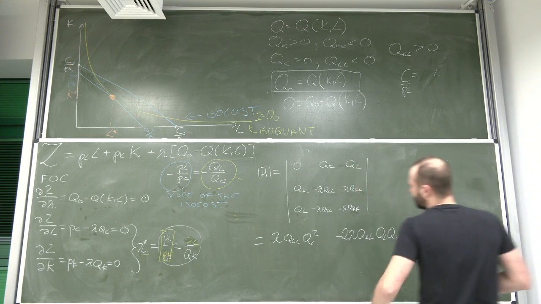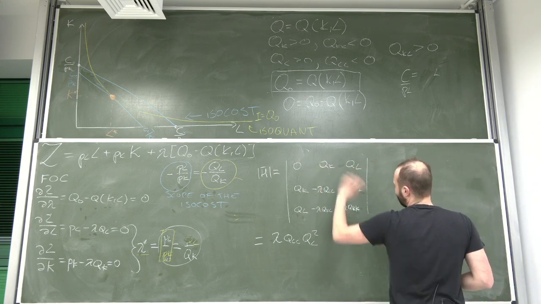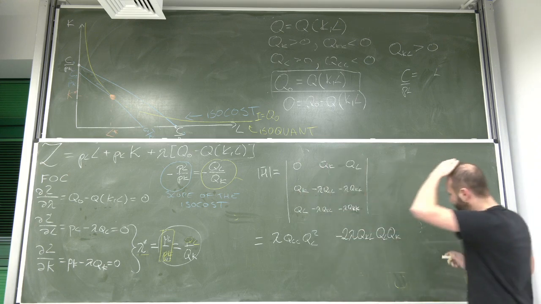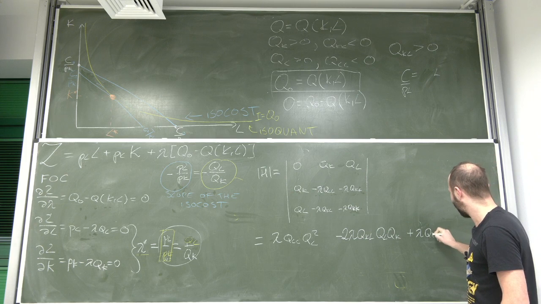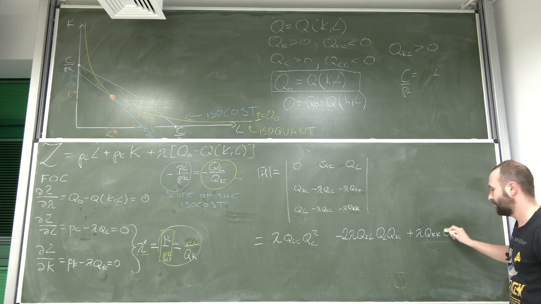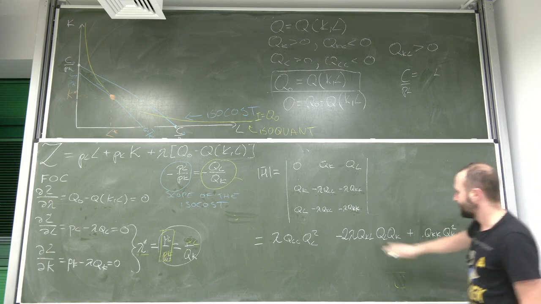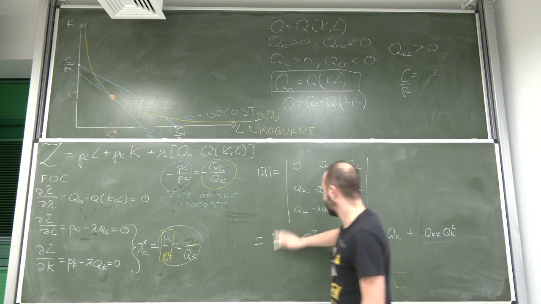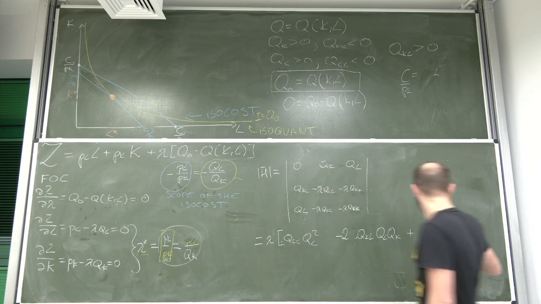And similarly, from this line, because this is of course 0, we're going to get plus lambda QKK times QK squared. Okay, and look, we right away see that lambda is in all the expressions, so let's take it out of the parentheses.